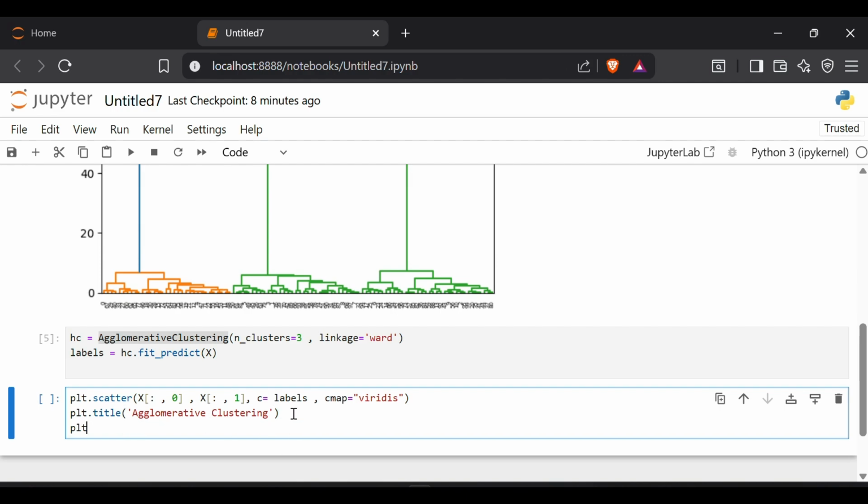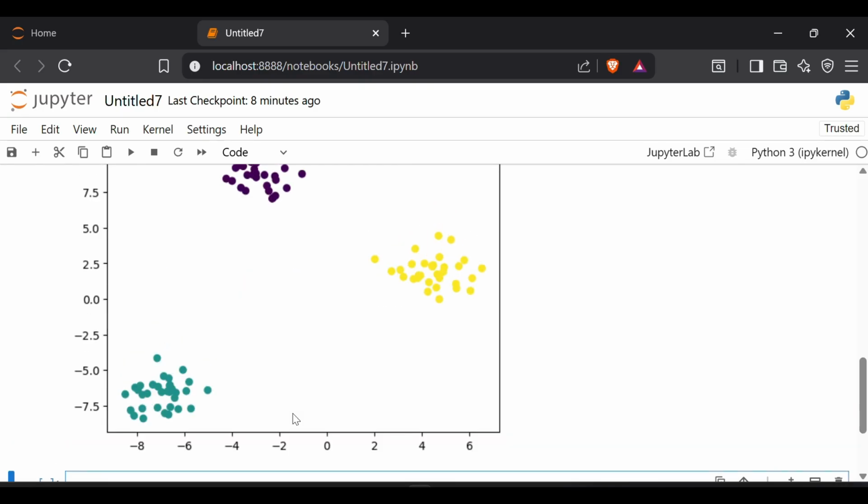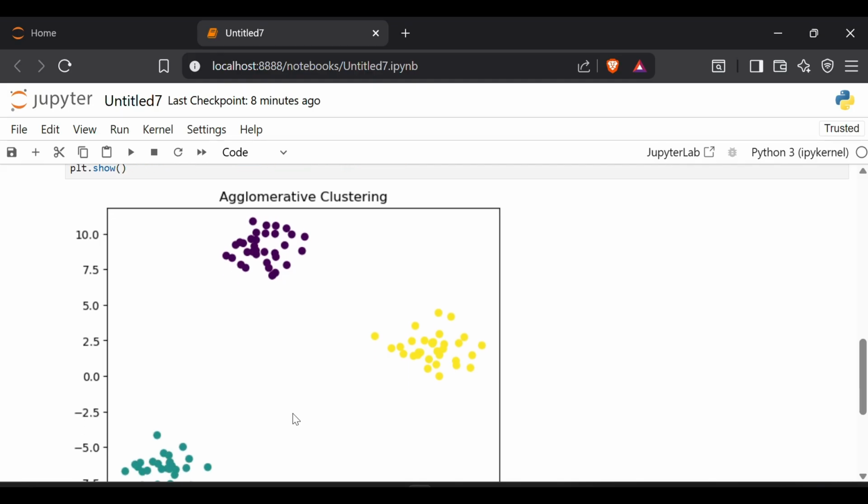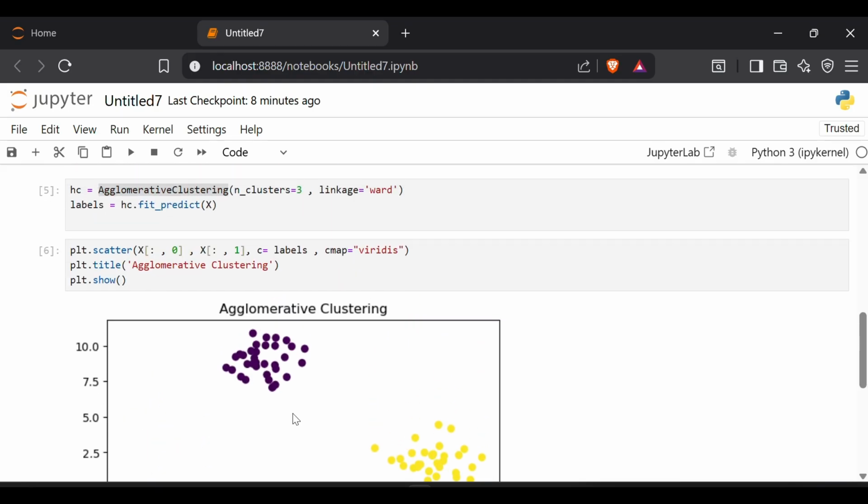So plot dot show. So see here is the agglomerative clustering. So basically what it does, it started from the very small data set, and we have merged it together. Okay, so this is the practical demonstration.